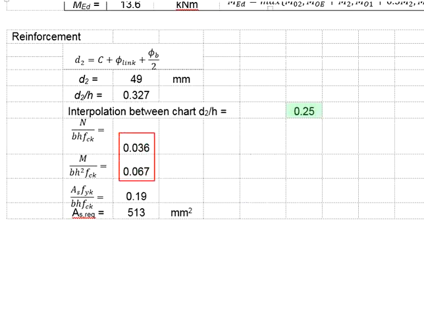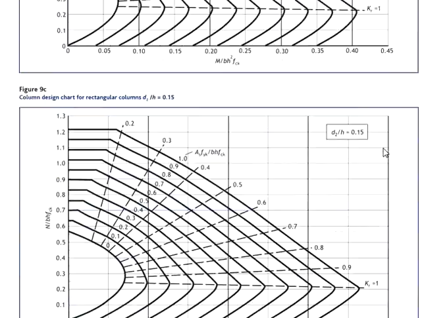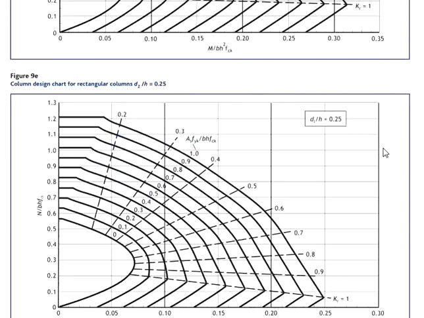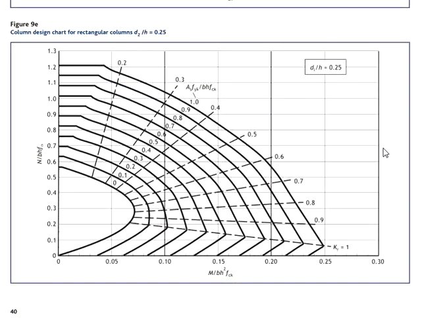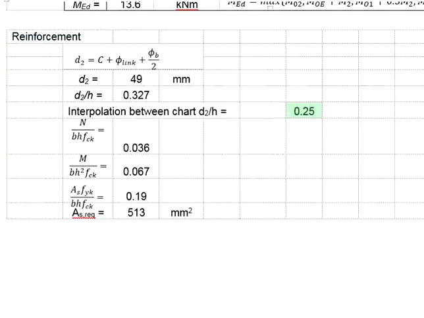Having these two values ready, now you need to refer to the design chart. There is a series of design charts ranging from 0.05 to 0.25 in terms of the D2 per H ratio. You will need to calculate the D2 per H ratio for you to decide which chart to be used.